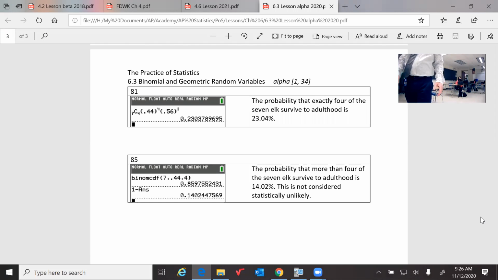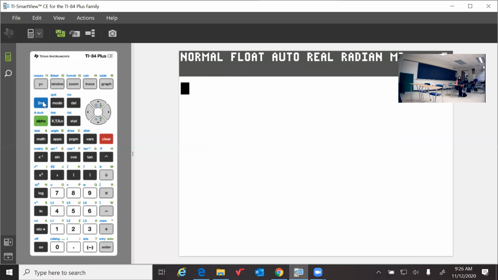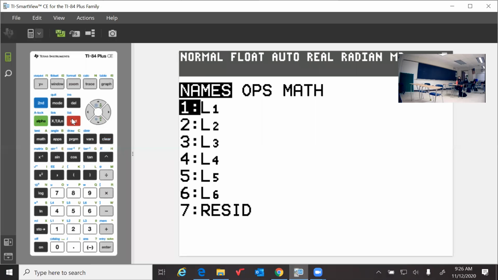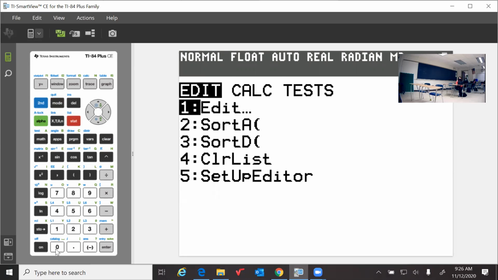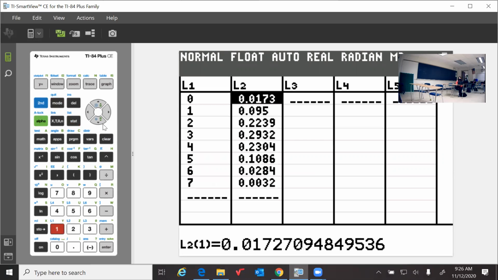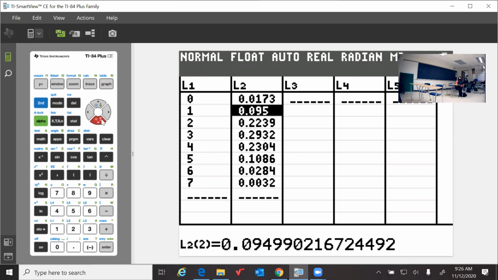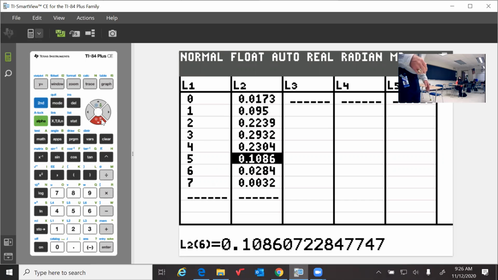So I can look at it here and go to the calculator and add these 3 entries, that's 5, or 6, or 7.